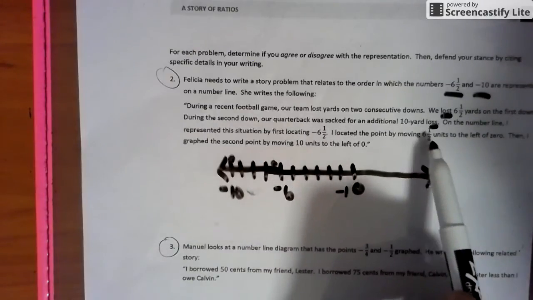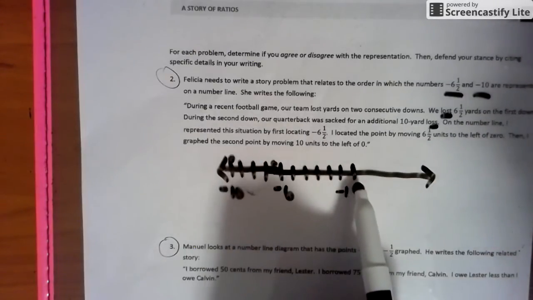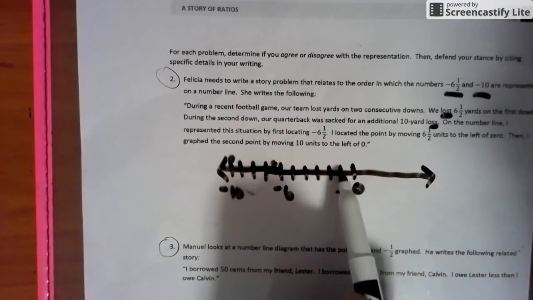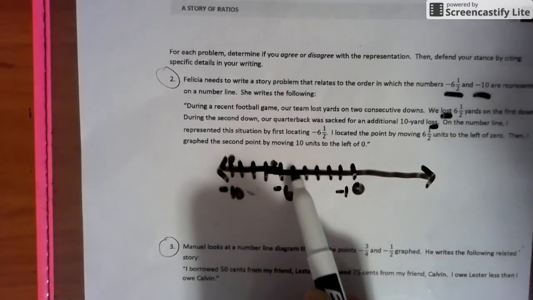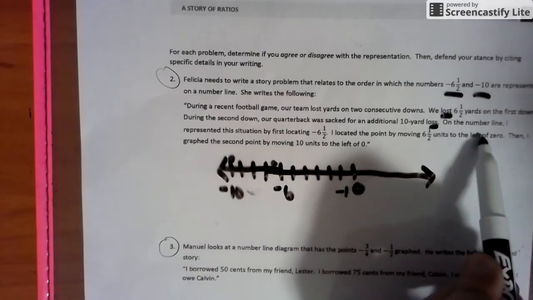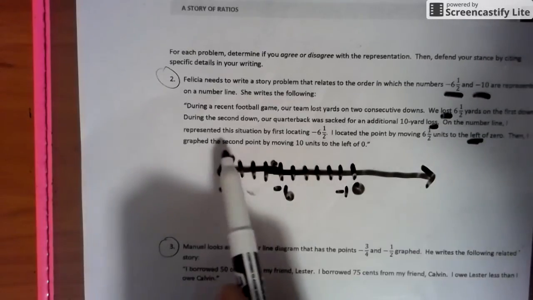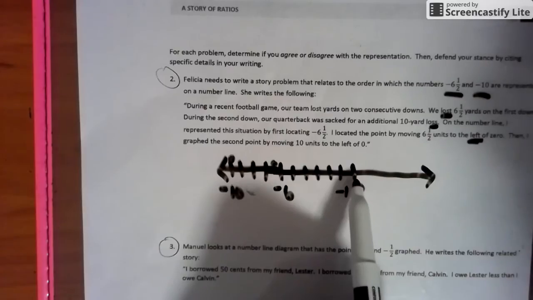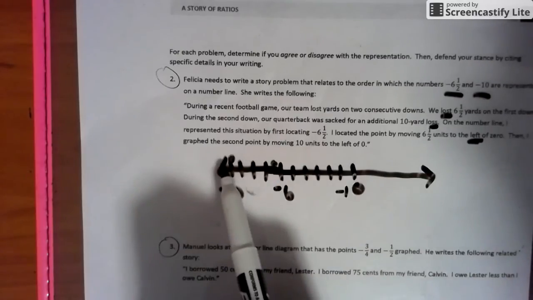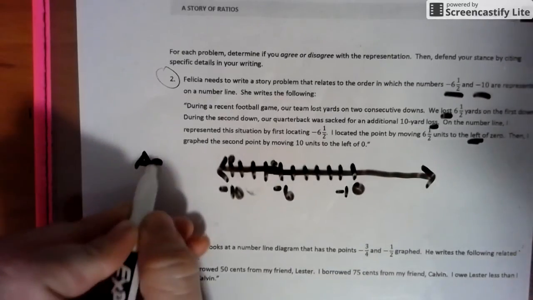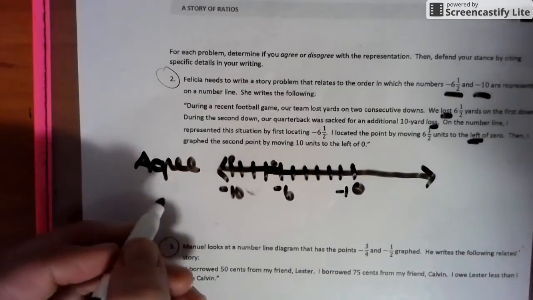I located this point by moving 6.5 units to the left of the 0. Are we moving left? 1, 2, 3, 4, 5, 6.5. That is true so far. Then I graphed the second point by moving 10 units to the left. And yes, we're moving left, so we're going to agree. And why do we agree?